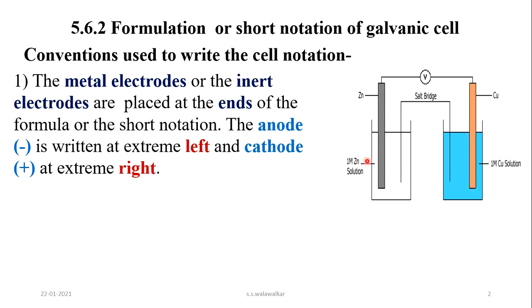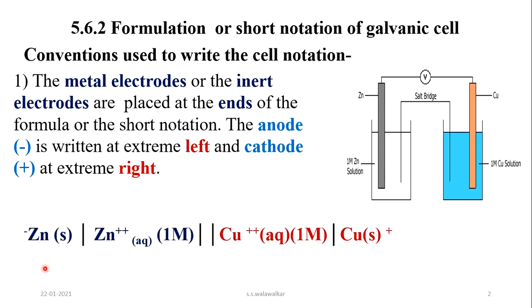So here this is the picture of galvanic cell. You know that here it is a Daniell cell, and in that zinc acts as an anode and copper rod acts as a cathode. These are the two half cells, and these two electrodes, that is cathode and anode, are represented at the end of the formula like this.